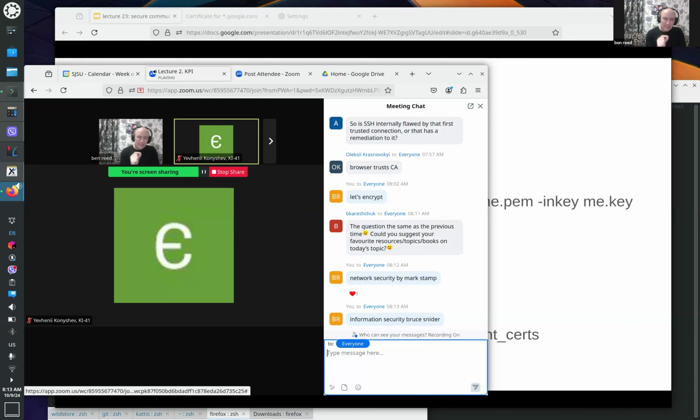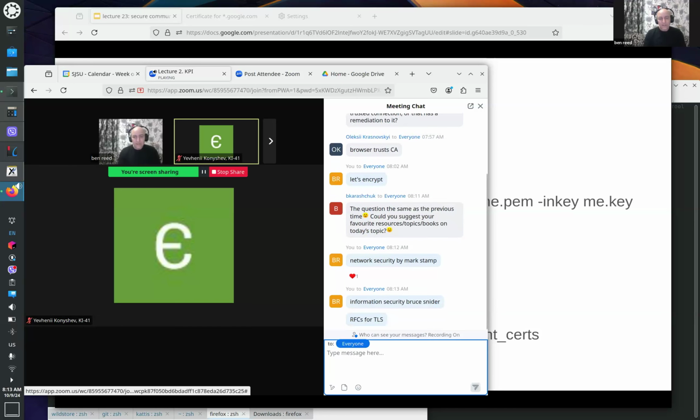It's really good. It's a little bit old though, so it doesn't have some of the more updated things. So those are the two good references. And then actually the RFCs for TLS are also, I mean, if you're really going to dig in, then you would look at the RFCs for TLS.